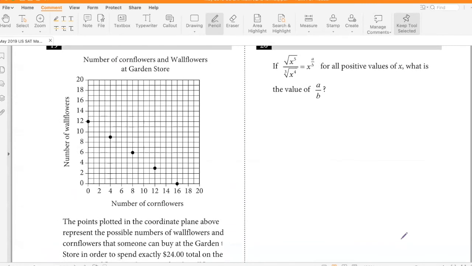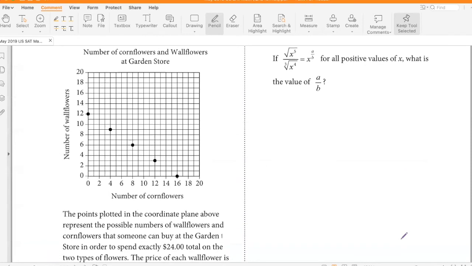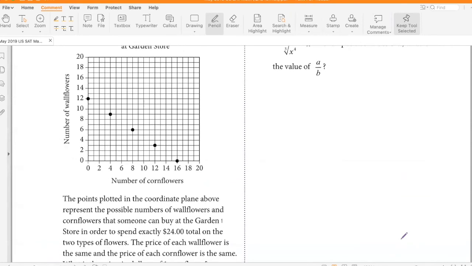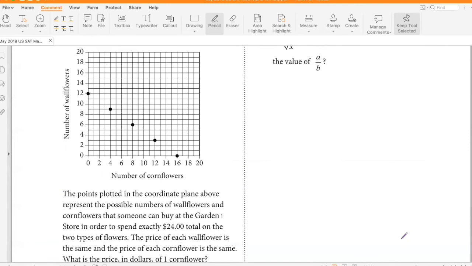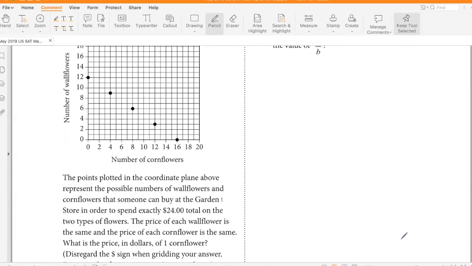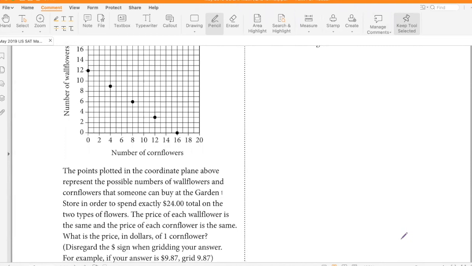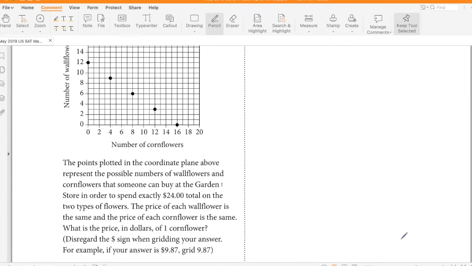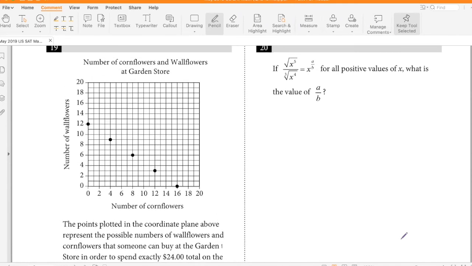The points plotted in the coordinate plane above represent the possible number of wallflowers and cornflowers that someone can buy at the garden store in order to spend exactly $24 total on the 2 types of flowers. The price of each wallflower is the same and the price of each cornflower is the same. What is the price in dollars of 1 cornflower? Okay, so for 1 cornflower, I can use the x-intercept.